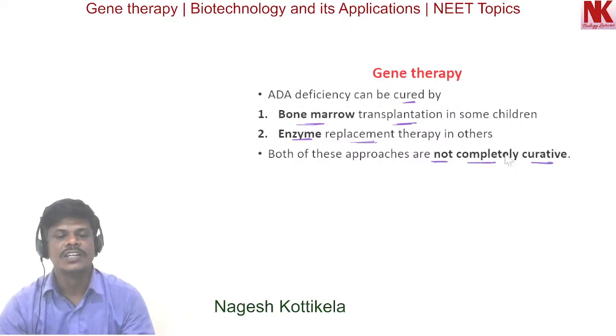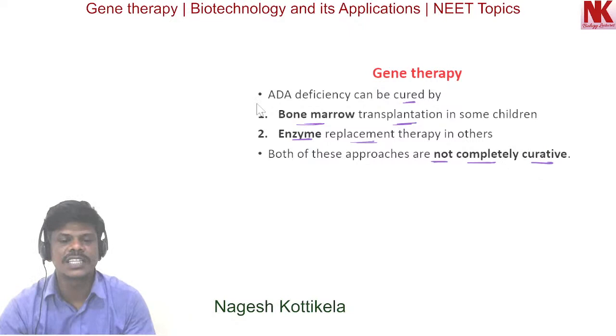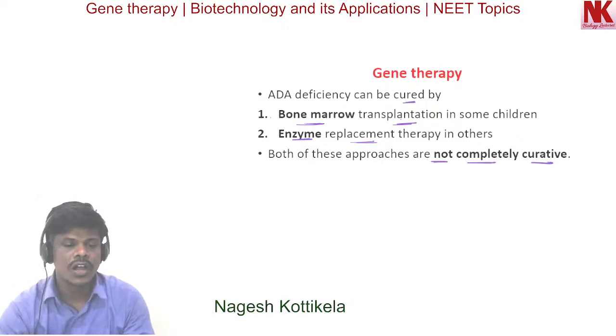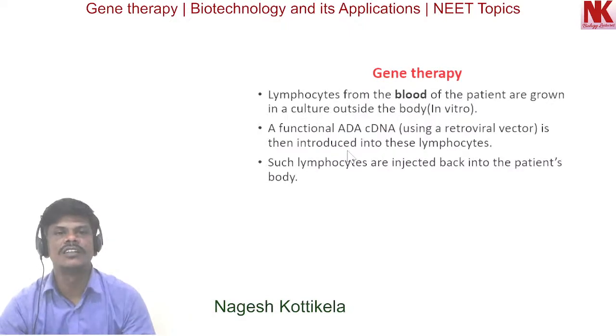So what are the two methods followed? Bone marrow transplantation in some children and enzyme replacement therapy in others, but both these methods are not completely curative. Now let's discuss the other methods to treat this ADA deficiency.